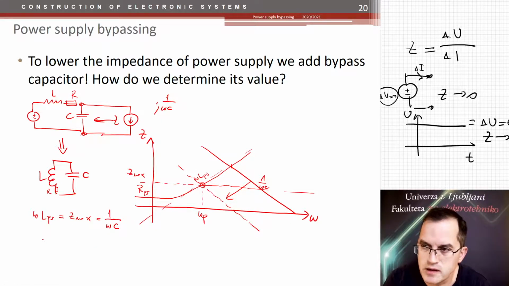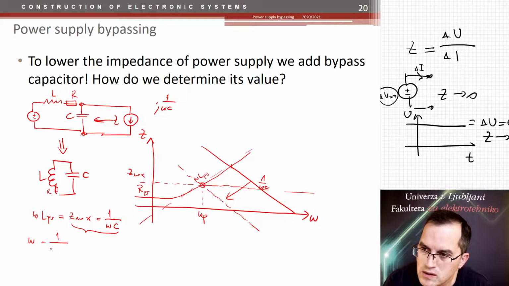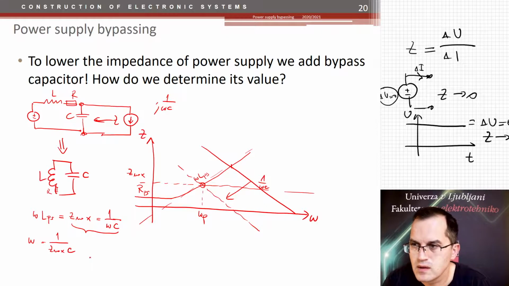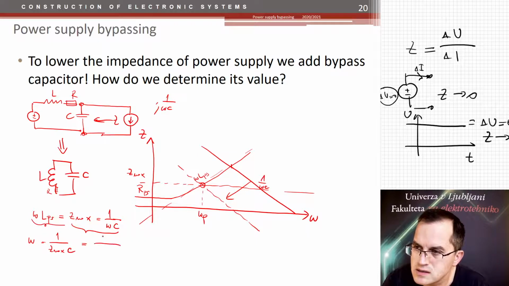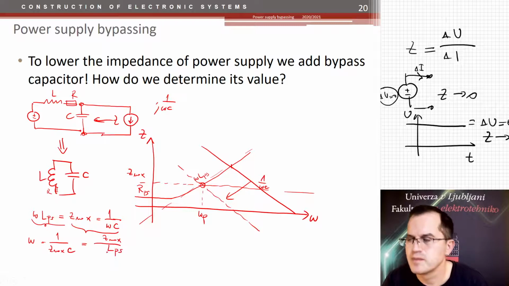So if I continue now, let me see how much the omega is. From these two equations, omega is 1 over Z max C. Or it is also, from these two equations, omega is Z max over L of the power supply.